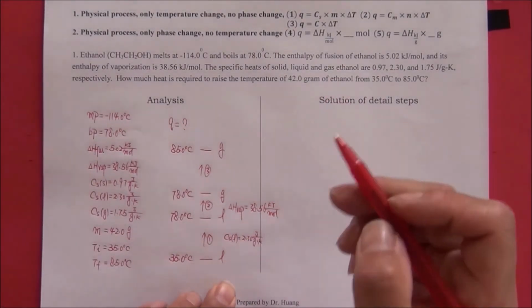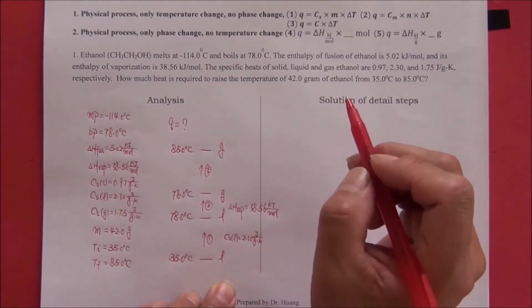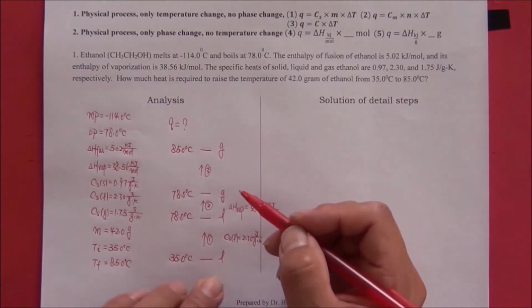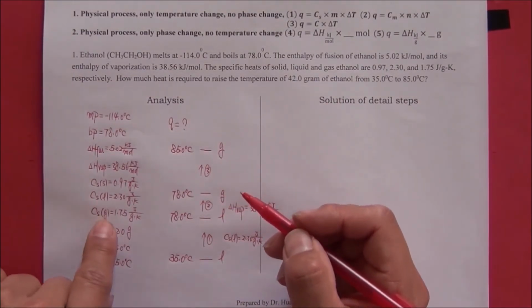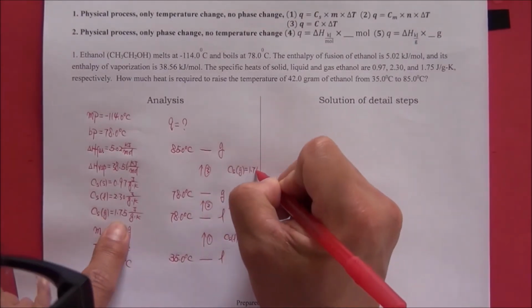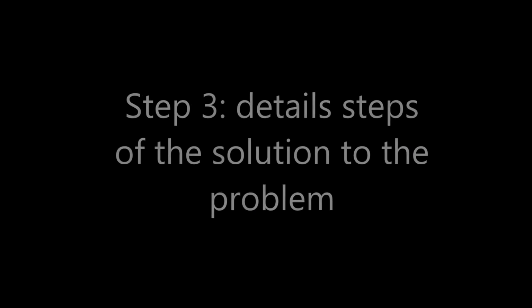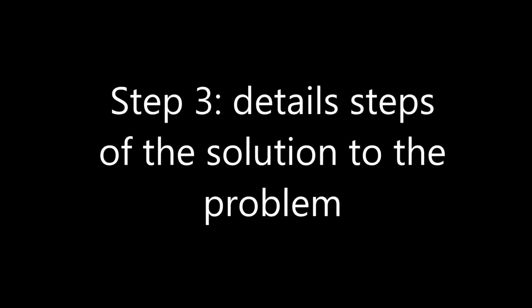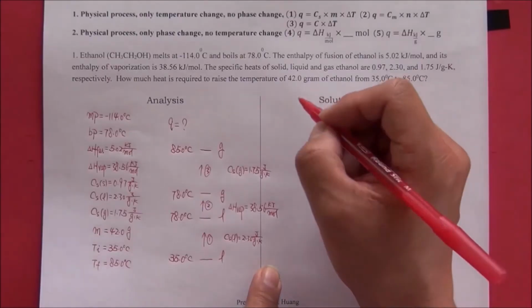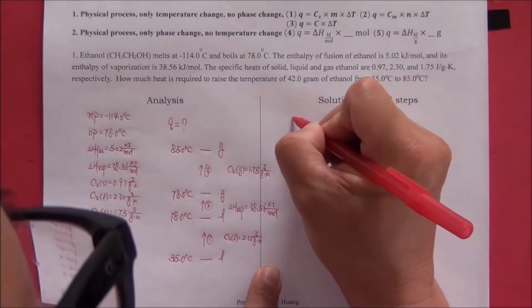For step 3, the state of ethanol is gas. Therefore, we need CS gas. Now I'm going to show you the details of each step.